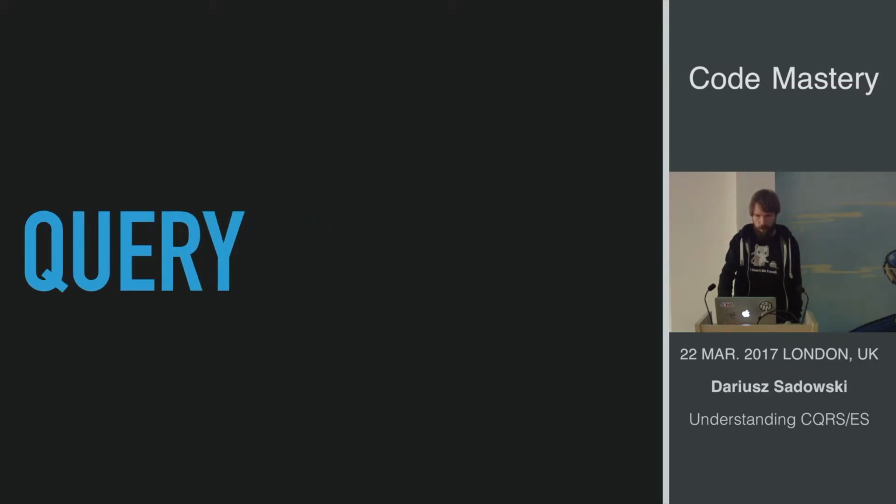The other thing is query. Queries are, I would say, less important at this part because they are not changing the system. Of course, there will be some changes like pagination, etc. But when we have this one state, one model, we can also model query in a way that we have a different representation of the object.